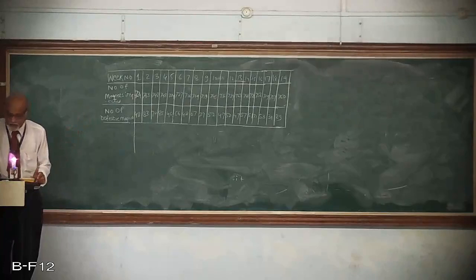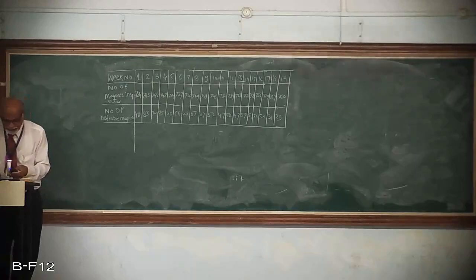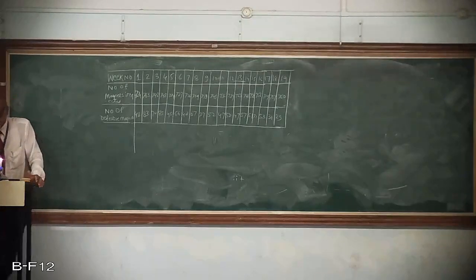What he wants us to find out: calculate the average fraction defective and 3 sigma control limits, construct the control chart, and state whether the process is in statistical control.